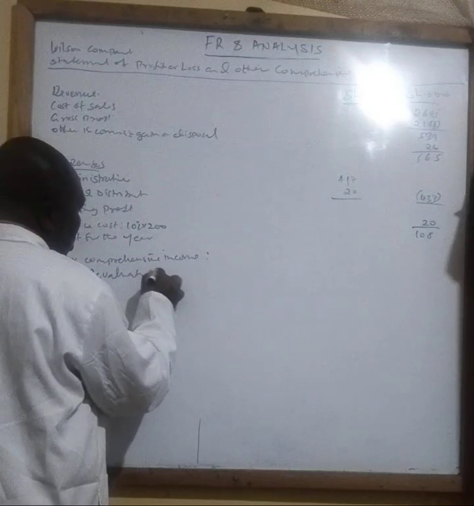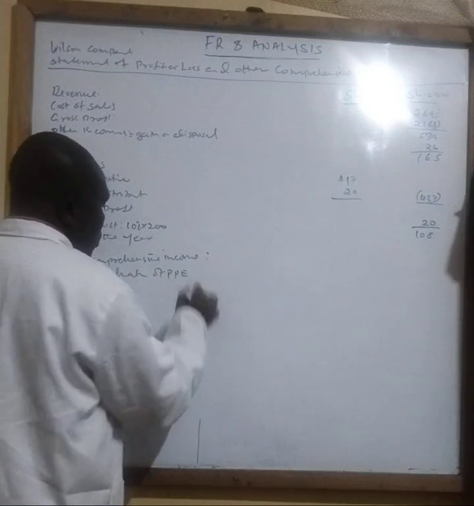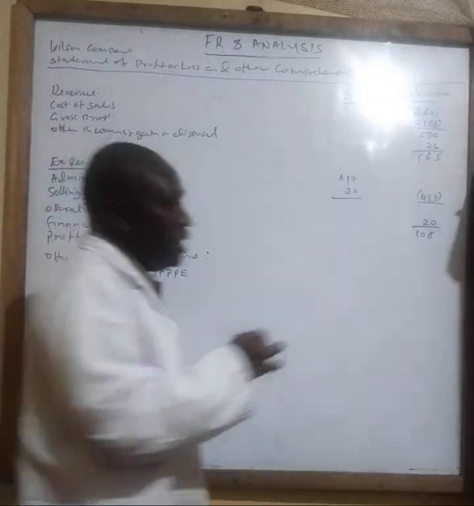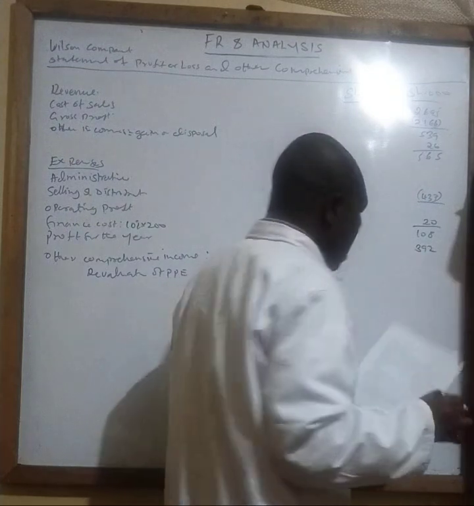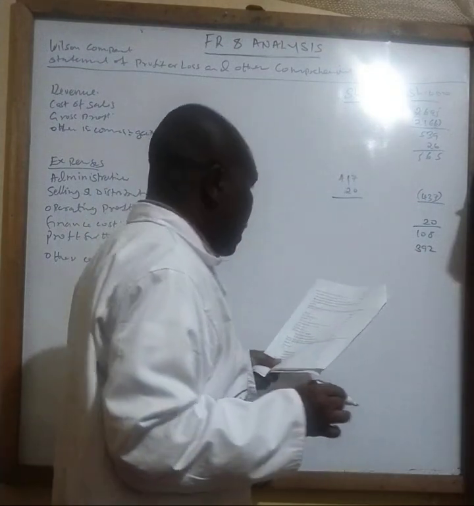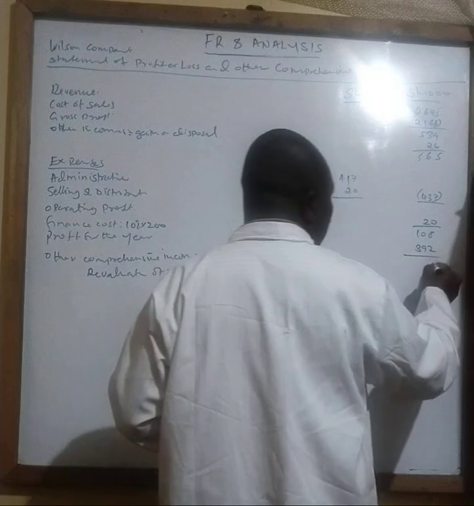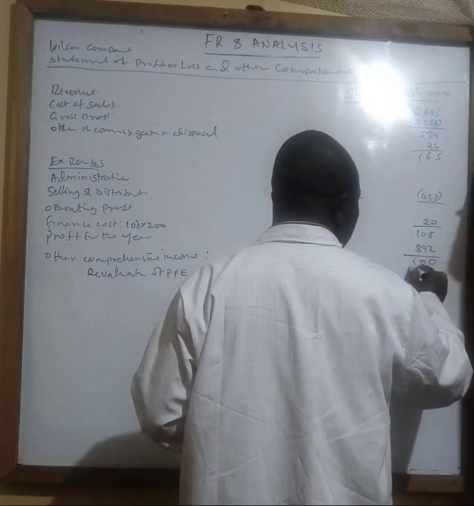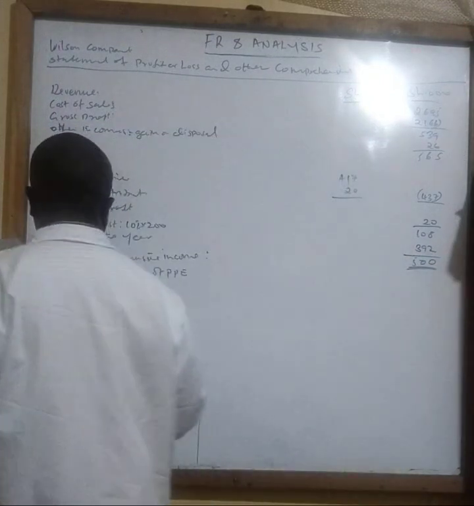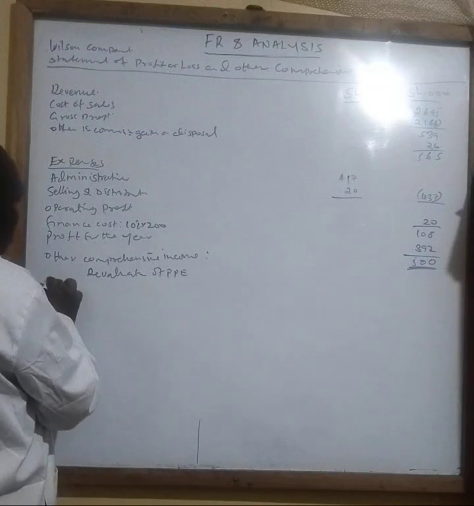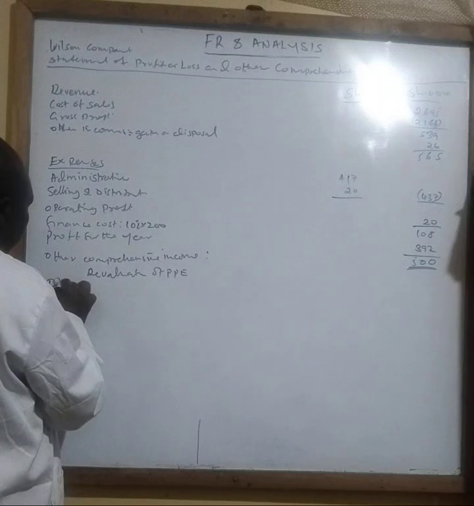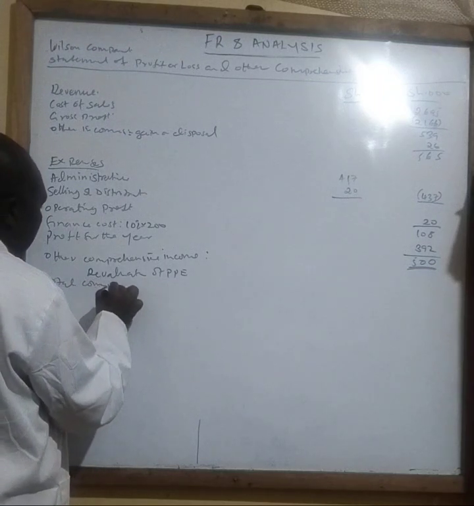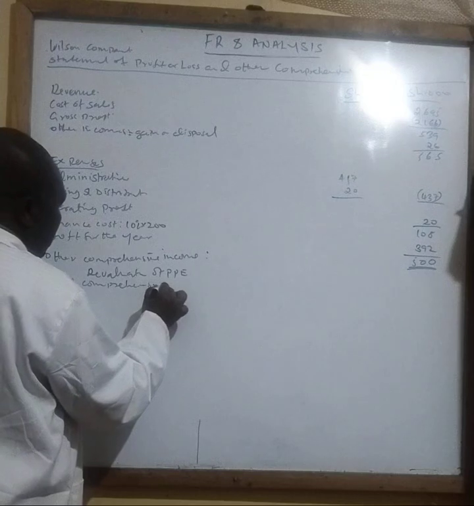Revaluation of PPE, we found it to be 392. So if you add now, you get the total comprehensive income.